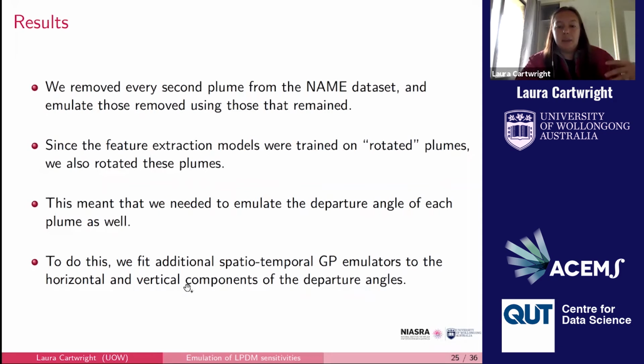And that ended up being quite not straightforward to do. It was quite difficult for a while. What we ended up doing is fitting additional Gaussian process emulators to the horizontal and vertical components of the departure angles, and then we just stuck them straight into a rotation matrix, and that's how we got the rotation.